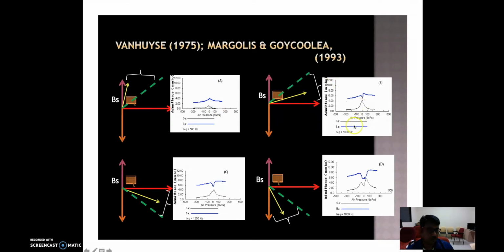What happens when the frequency is increased to 1000 Hertz? When the frequency is increased to 1000 Hertz, the B graph starts notching, right? We will see in some time why the notch occurs. But we'll call this graph a 3B 1G graph.